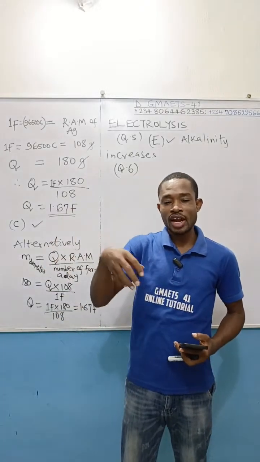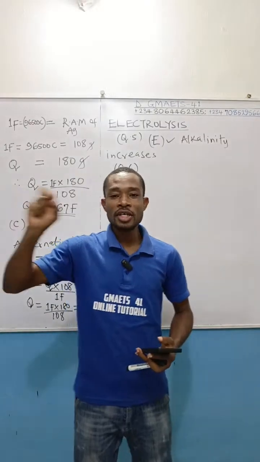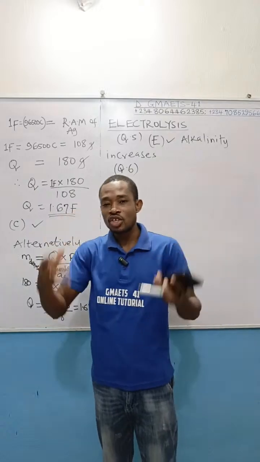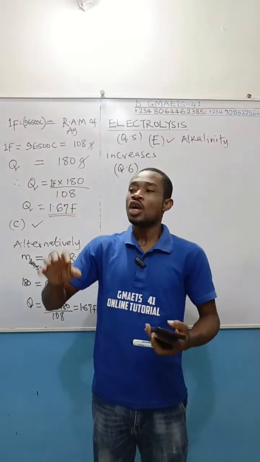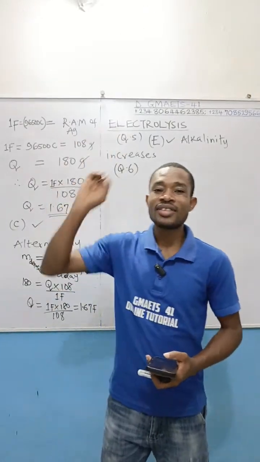Negative ions during electrolysis will migrate to the anode. The anode is positively charged, so it will attract the negative ions. These negative ions have excess electrons, so they will go to the anode, discharge and deposit those electrons.